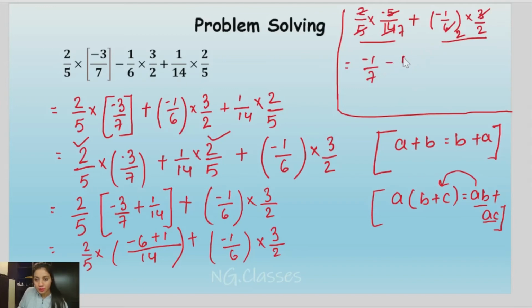When we open the bracket, it will be minus 1 by 4. What will be the LCM? 28, right? So minus 4 minus 7. So our answer will be minus 11 by 28. It was easy. We just applied the property. We have just discussed the property, and our work became so simple, right?